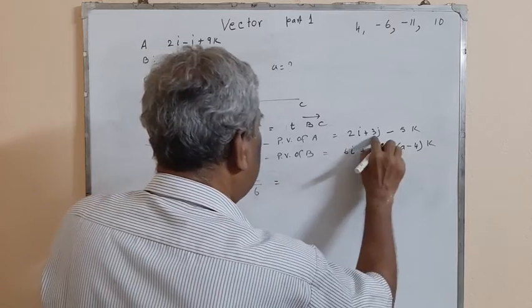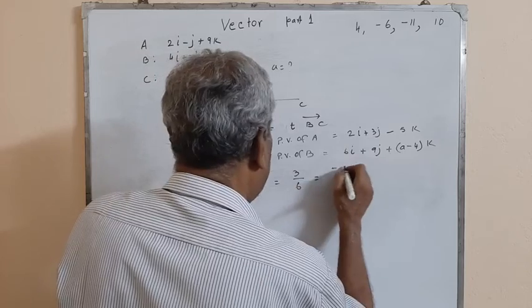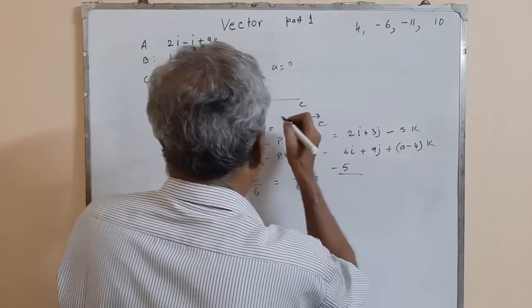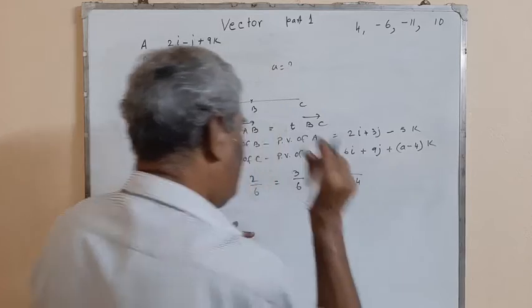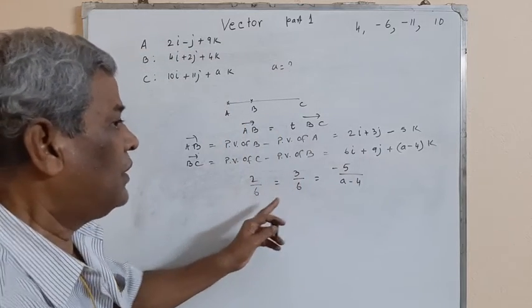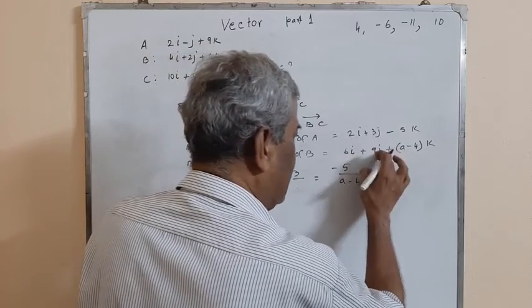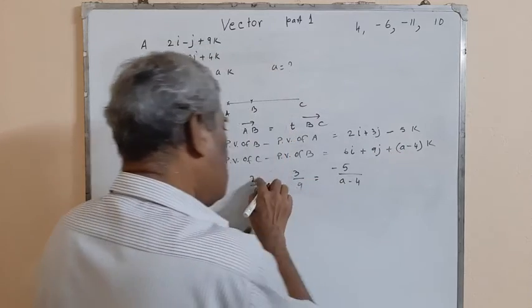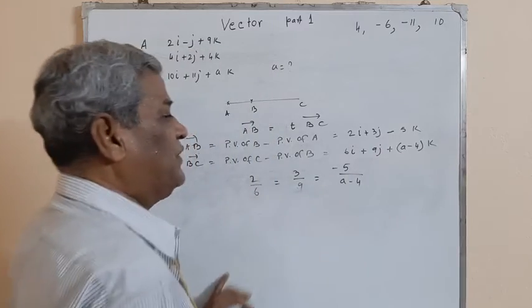This must be equal to this by that. 3 by 9 must be equal to minus 5 by (a minus 4). In fact, this is 1 by 3, this is also 1 by 3. So it must be equal to 1 by 3.